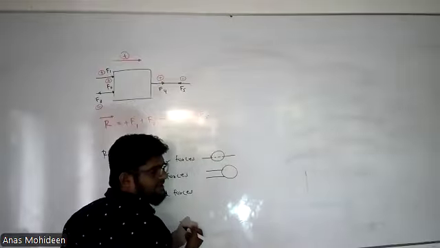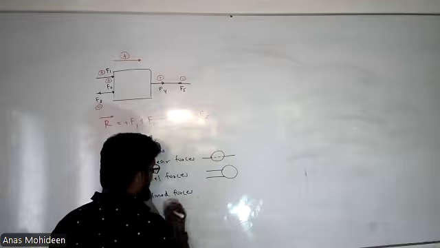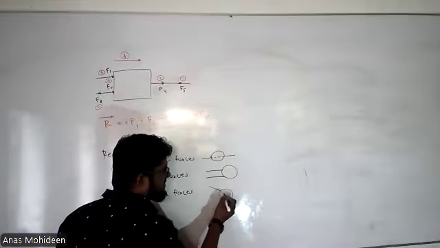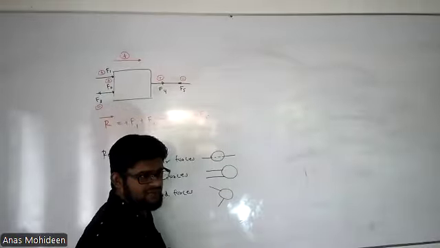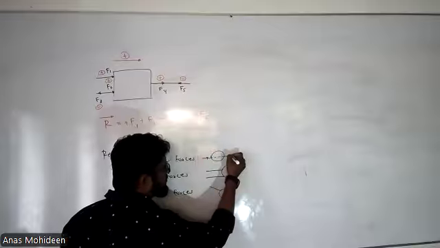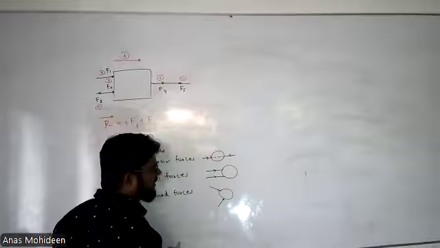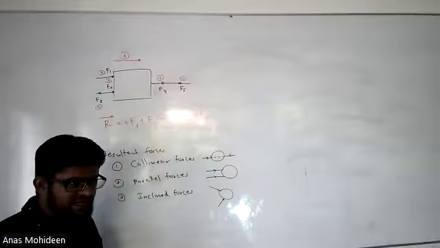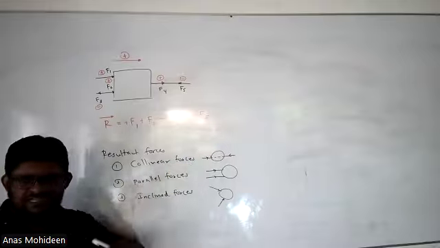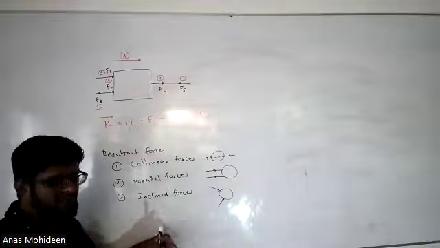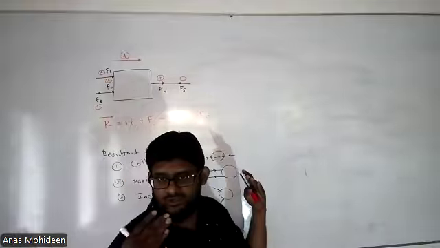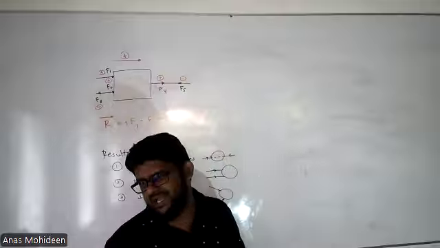And inclined means at two angles. Let me mark some arrowheads also. It may be the same direction or opposite direction. So collinear forces are forces on one line, parallel forces are parallel to each other, and inclined forces are not parallel, not collinear, at two different angles.